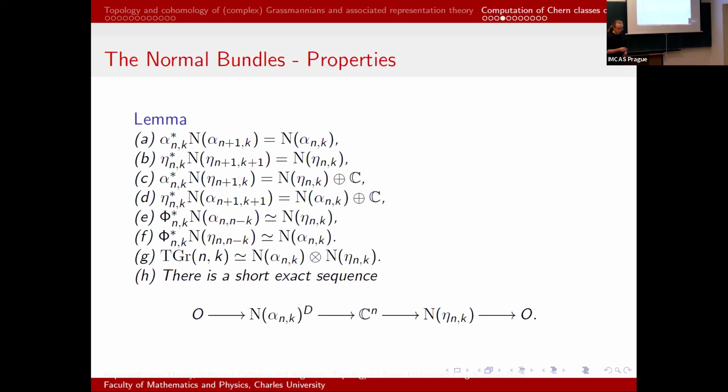Lastly, the last point of this lemma states that there is a short exact sequence, and by this D I mean the dual bundle or the dual representation. It is defined by the dual representation to the one defining the bundle alpha_{n,k}. So it's just the multiplication by the P2 block of the parabolic subgroup.